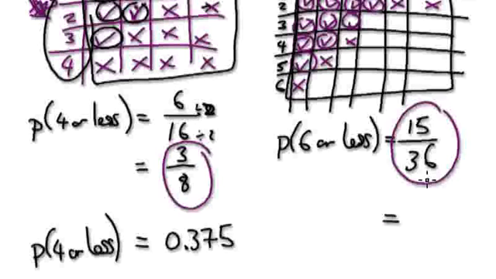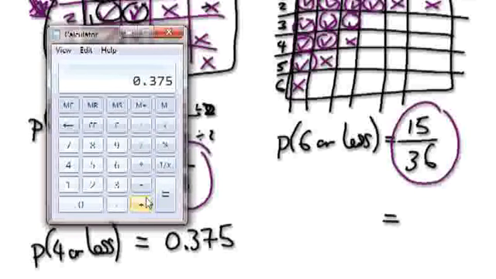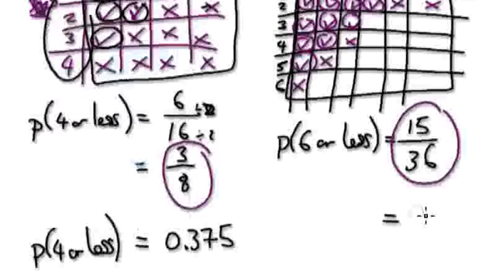Now this one here, let's get 15 divided by 36. 15 divided by 36 equals 0.42.